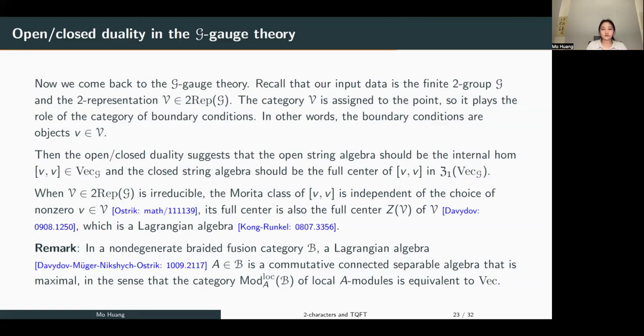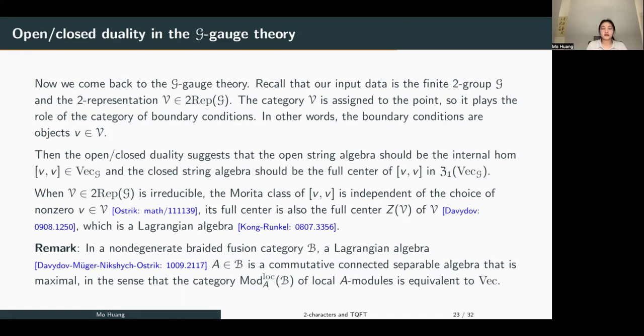Then the open-closed duality stresses that the open string algebra should be the internal hom of V and V, living in Vec_G, and the closed string algebra should be the full center of this internal hom in the Drinfeld center of Vec_G.